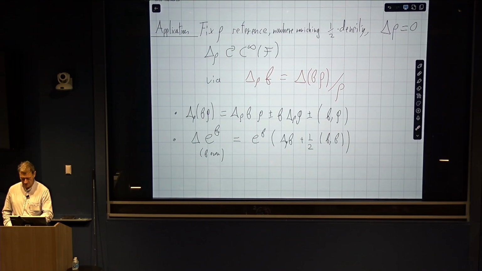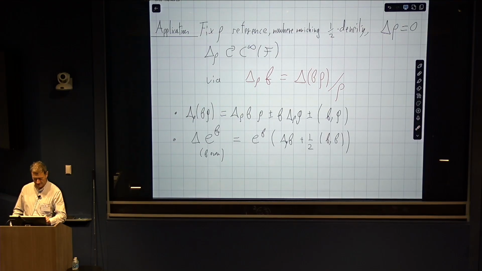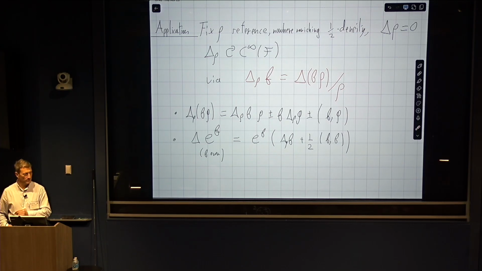And then once you've done this, you can define an operator, let me denote it momentarily by delta sub rho, acting on functions. So whenever you have a function f, you can multiply it with the half density rho. You get some half density f rho. You can apply the canonical delta. You get a half density again. But since your rho was assumed to be nowhere vanishing, you can recover a function by dividing by rho. So this is how you define the new delta acting on functions.